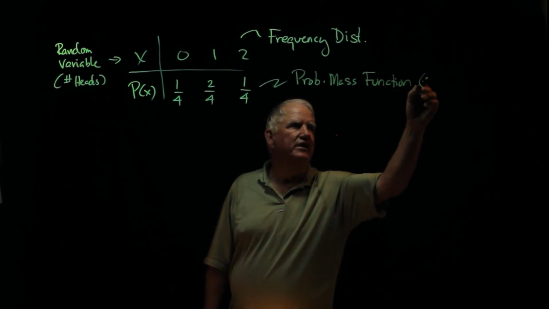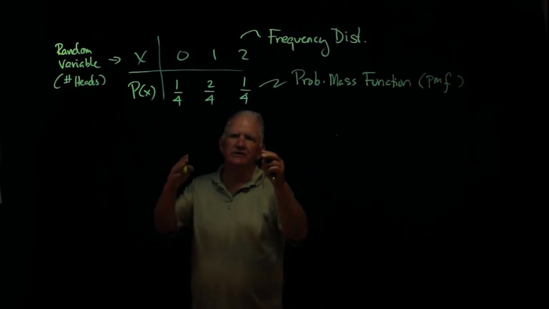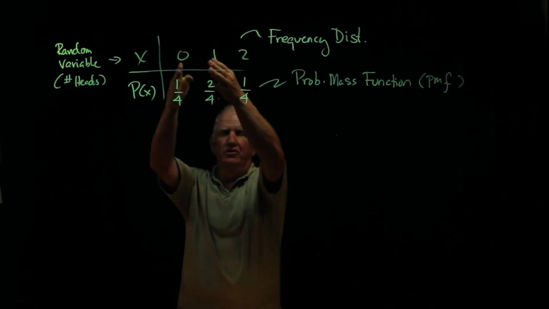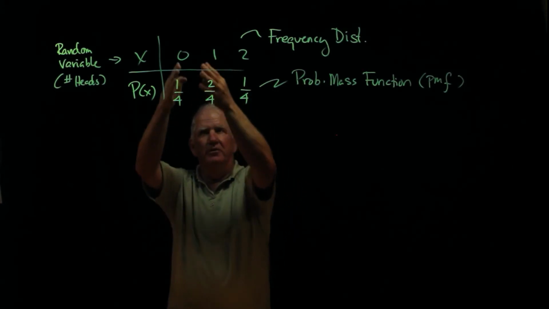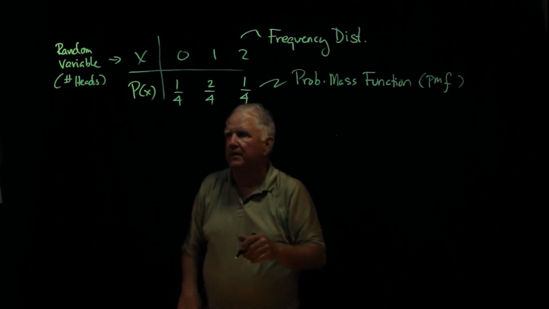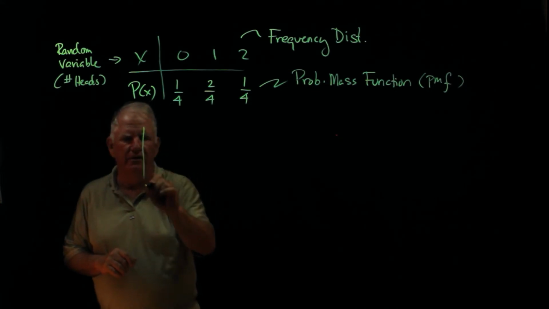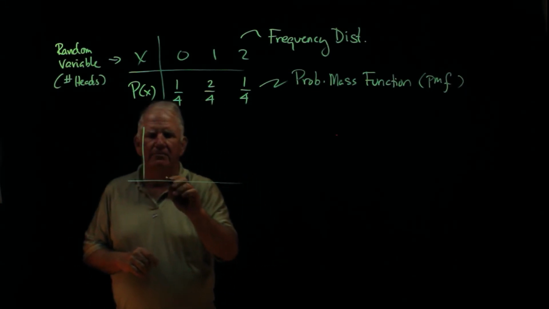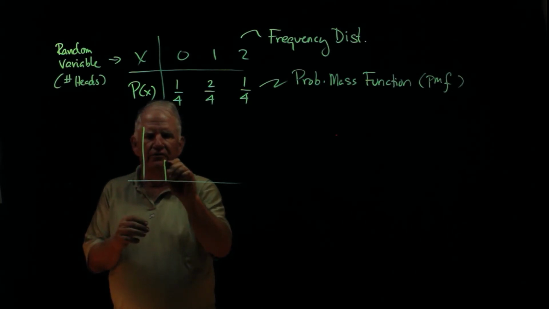And you might see that as PMF. What it does is assign a probability to the occurrence of an event. This 1/4 is the probability assigned to a 0. We can show this graphically. If I plot this in histogram form, let me just draw the form first.